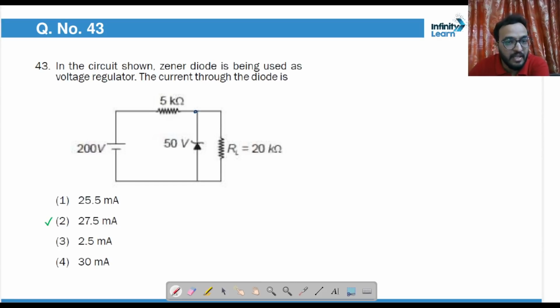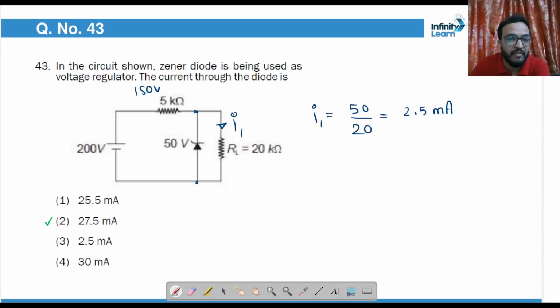Now question number 43. See, if this is a Zener diode, that means it maintains the constant potential difference across its terminals no matter what the current is. So this is 50 volts. So what is the current that can go through this? Let's say that is I1. So I1 will be 50 upon 20 kilo ohms, so it will become 2.5 milliampere. Now what is the potential drop here?